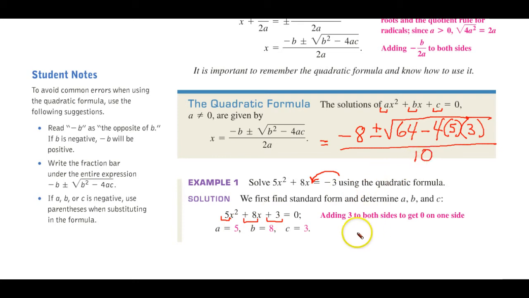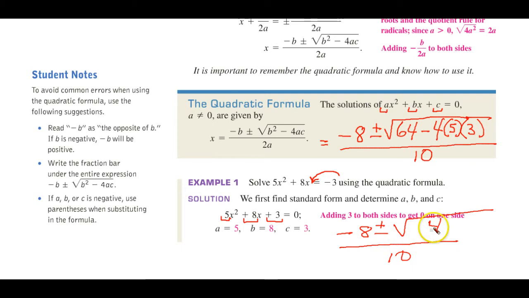Now, next stage. Well, we get our negative 8 plus or minus. Now, this is going to be a negative 20 times 3 is going to be a negative 60. And this is going to be a 4 here. And that's all going to be over 10.